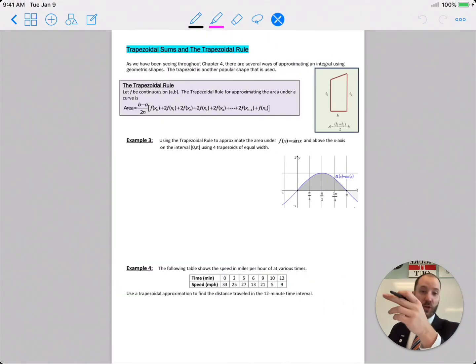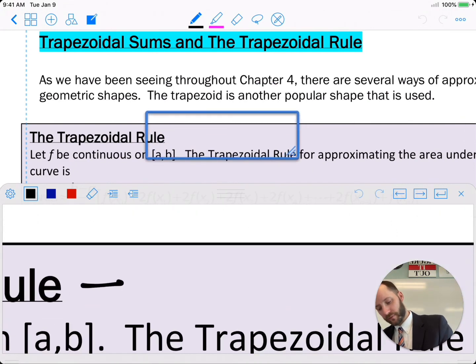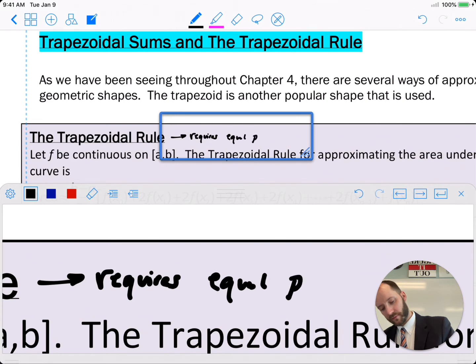There's a trapezoidal rule also. I don't use this formula often, because it's kind of limiting. It requires equal partitions, so the width of every trapezoid must be the same.